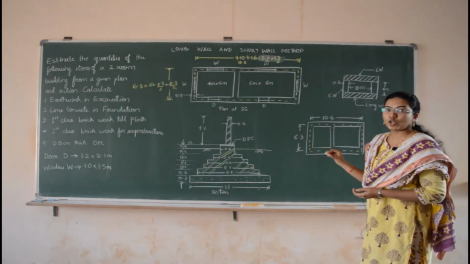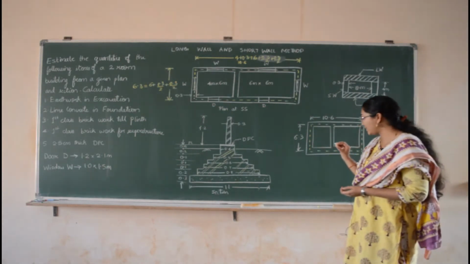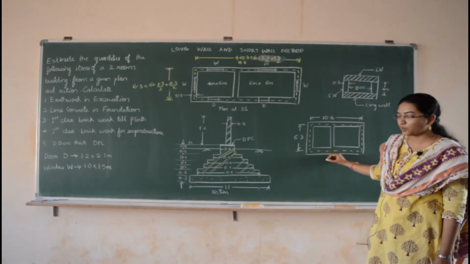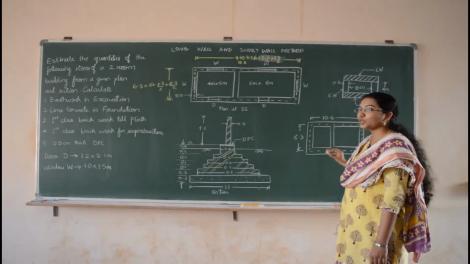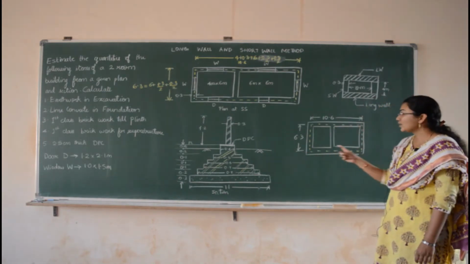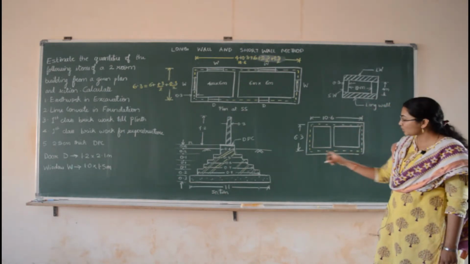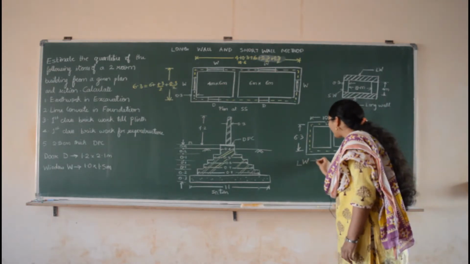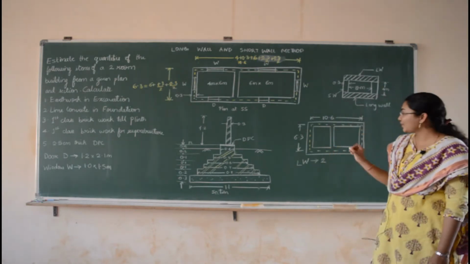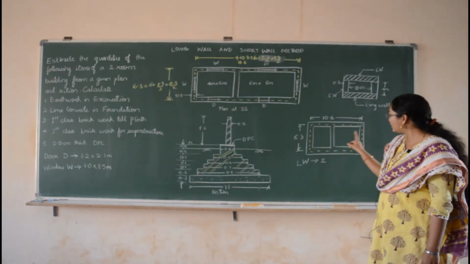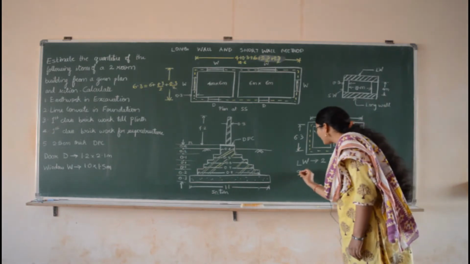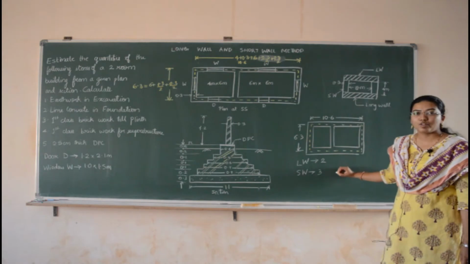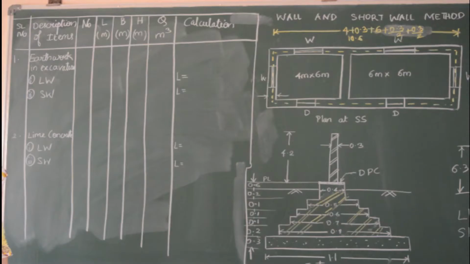So we have got the short wall and long wall distances. Now we need to know how many long walls and how many short walls there are. The longer distance wall we consider as the long wall. So here we have 1 and 2, so there are 2 long walls, and for the short walls, 1, 2 and 3. So the short walls here are 3 in number. Keeping this in mind, we will calculate further.